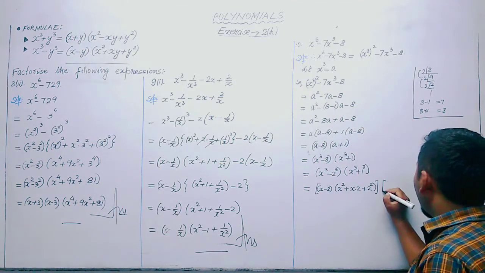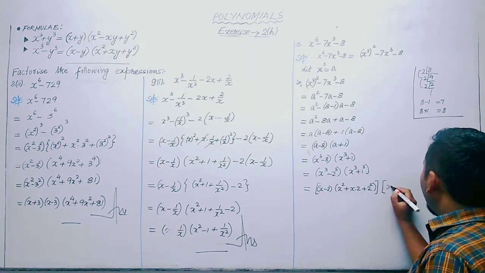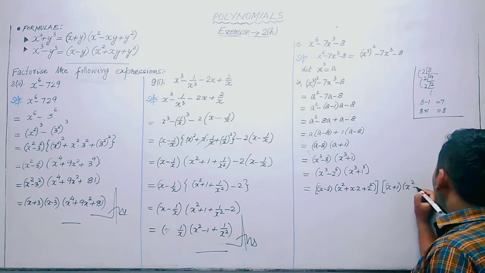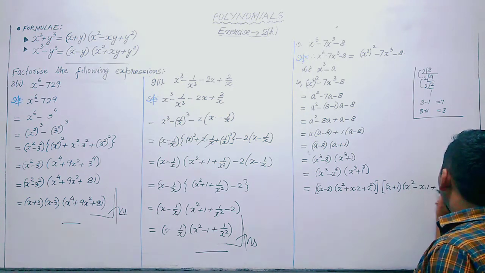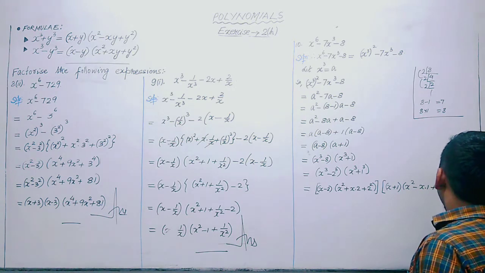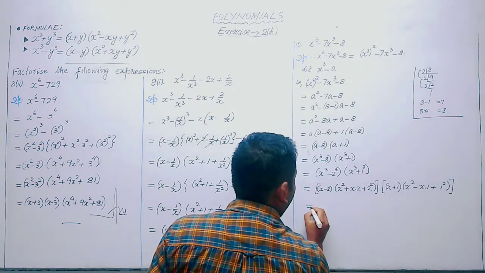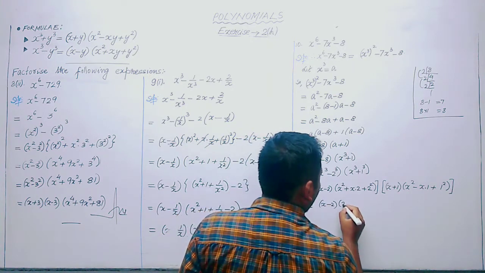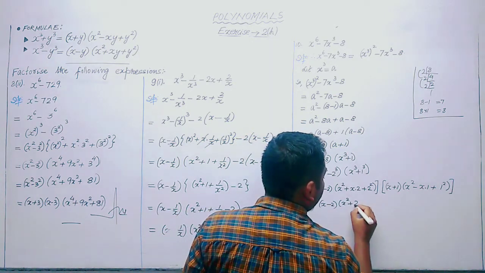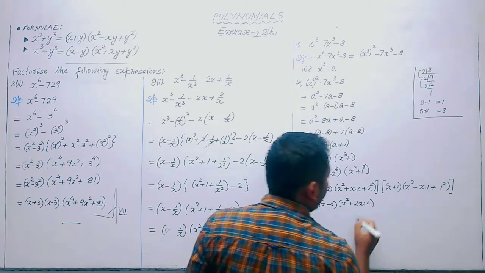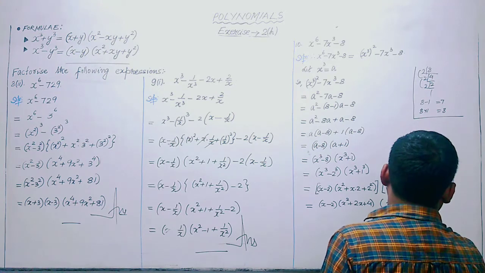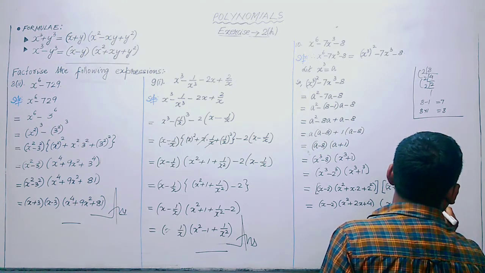Now, for this one, again x cubed plus y cubed is x plus y, times x square minus x into y plus y square. Now, let us make it simple: x minus 2, x square plus 2x plus 4, x plus 1, x square minus x plus 1.